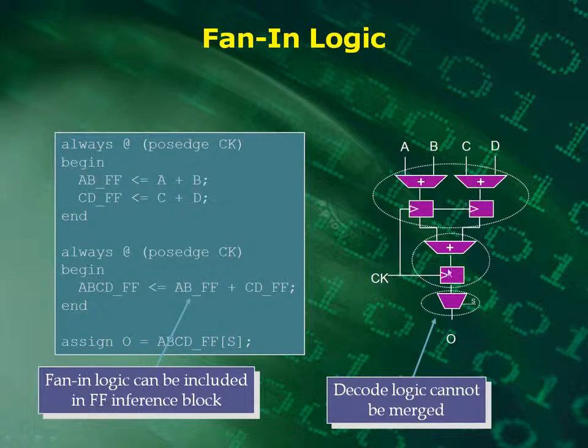And then for this flip-flop and this logic, you can combine that all into a single statement. So here we have 2 always blocks with non-blocking assignments, which says that we're going to create flip-flops. And then for the final output, we've just made our selection.